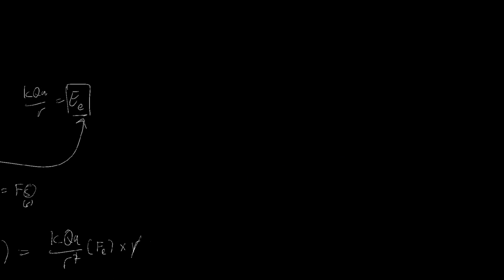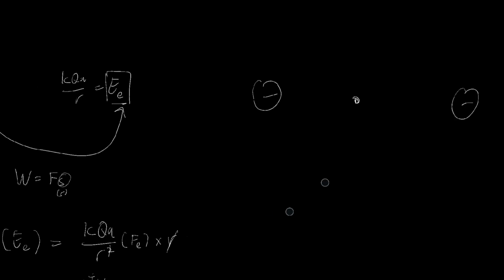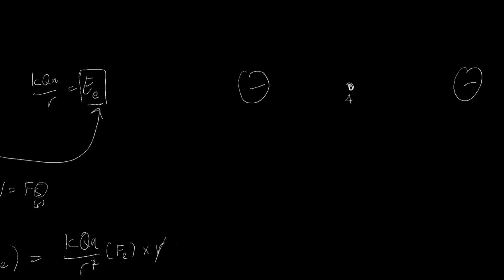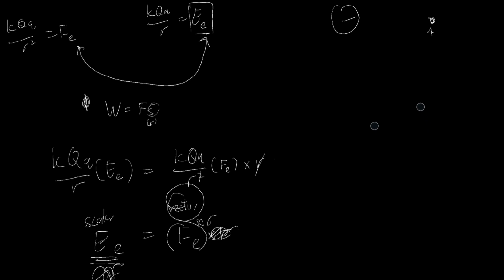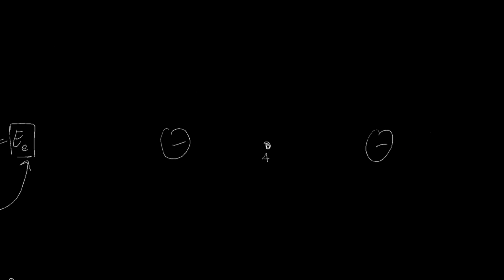For example, if you have two negative charges here and you want to find the electrostatic field strength at point A, since the force is a vector and they have the same distance, they will cancel out. So E will end up being 0.